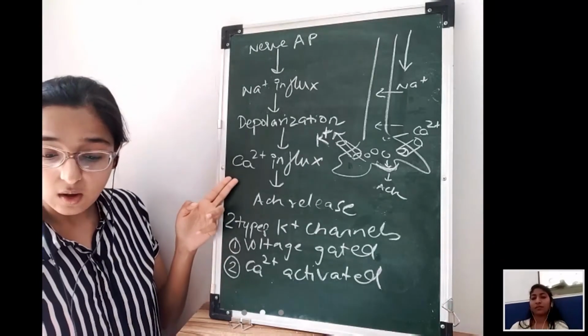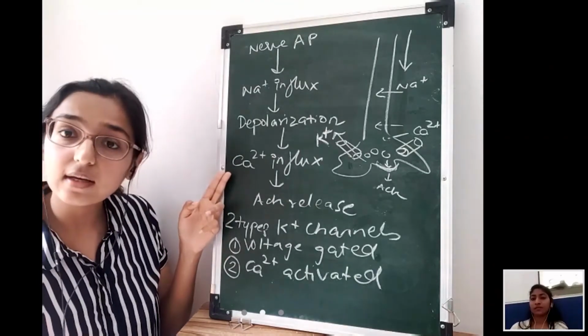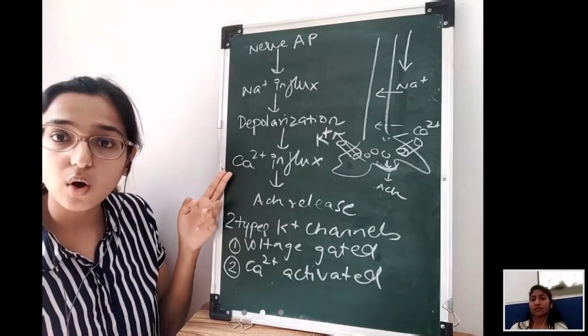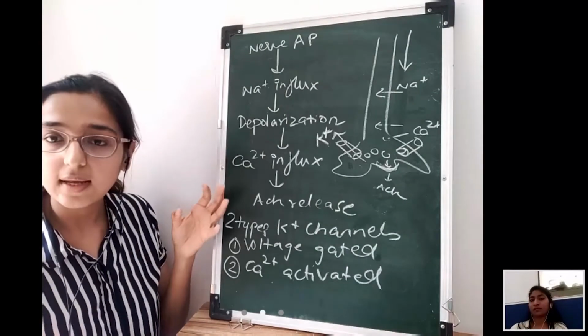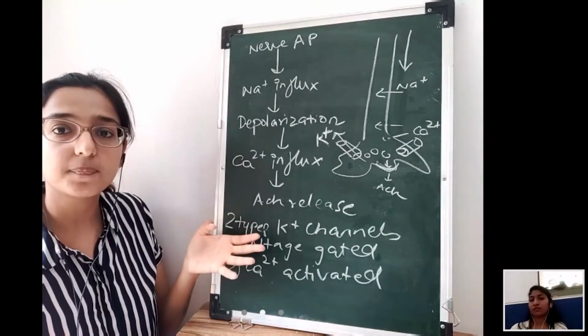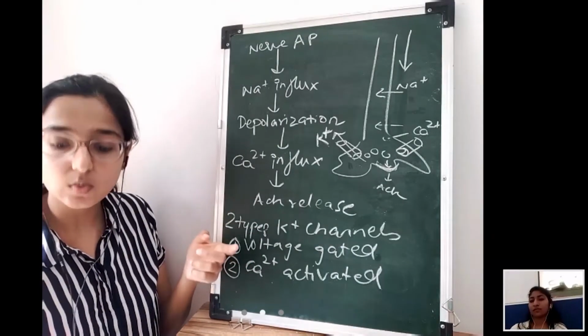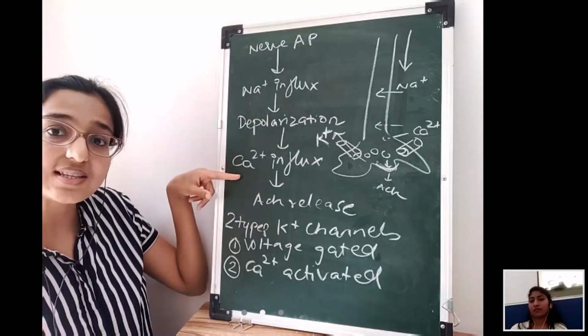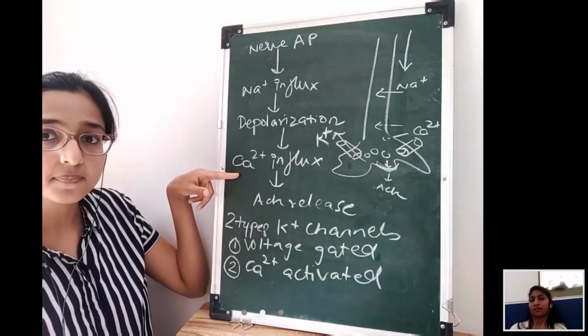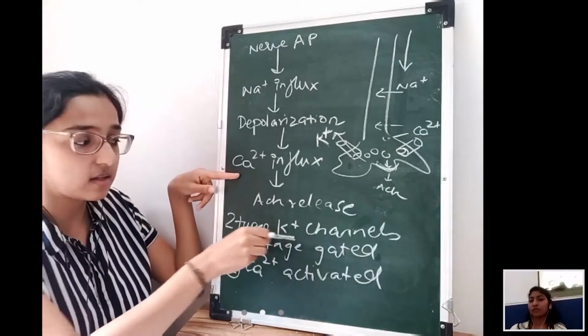Now another point I wanted to tell: can I prolong the muscle contraction? There is one way. How can I prolong this influx? There is something which is limiting this influx, and that is the potassium channels.